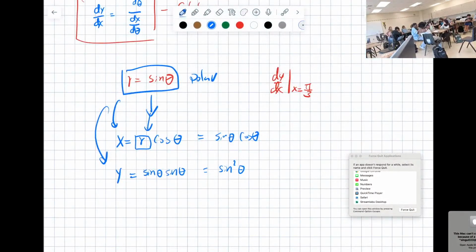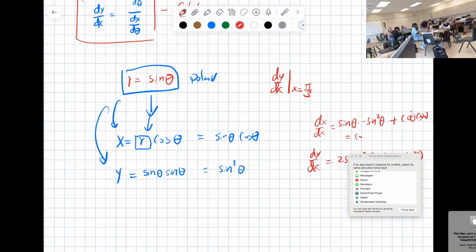Okay, so first of all, I want dy/dθ, right? So let me take dy/dθ here. That's equal to 2 sine theta cosine theta, which is also known as sine 2 theta. Is that okay? And dx/dθ is going to be sine theta times negative sine theta plus cosine theta times cosine theta, product rule.